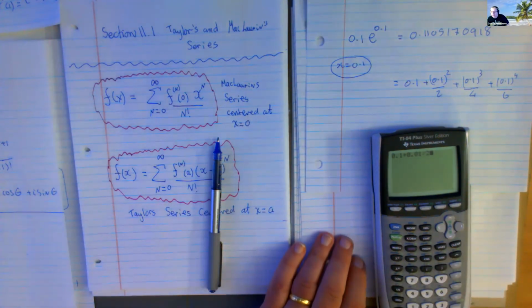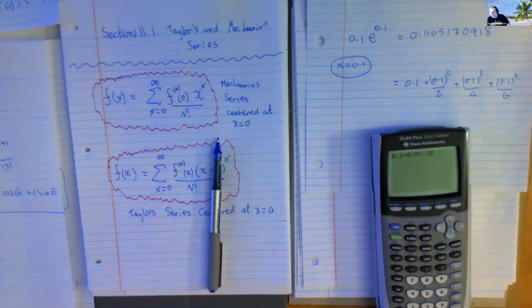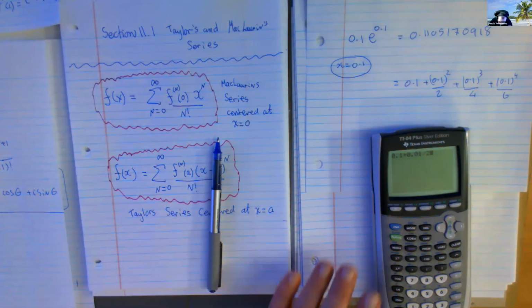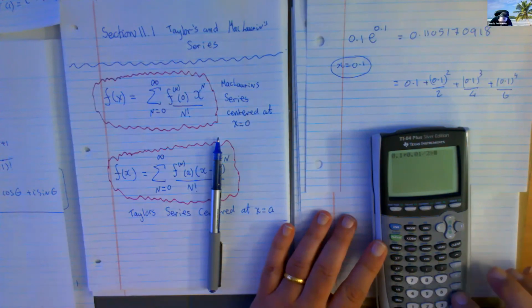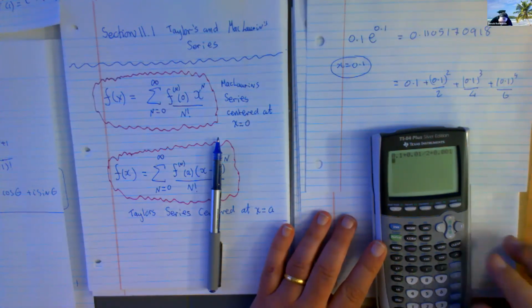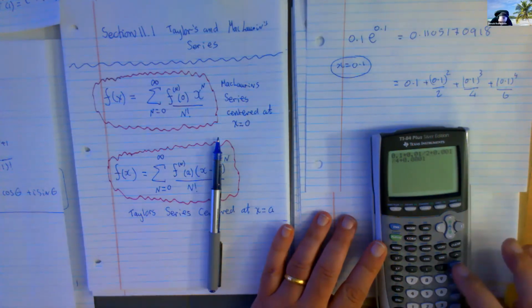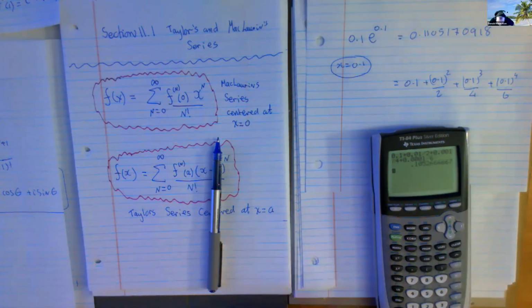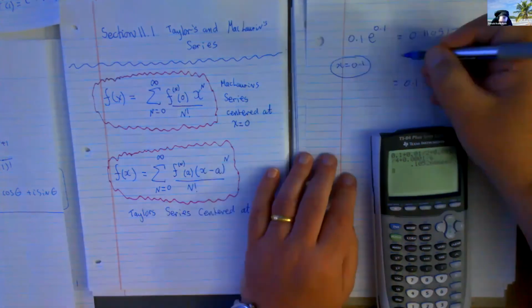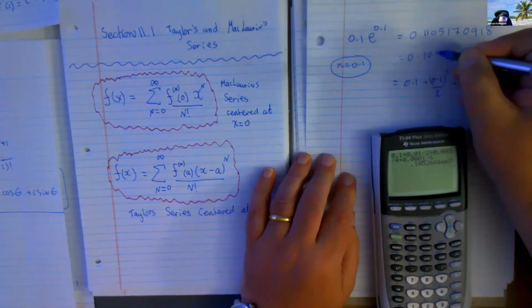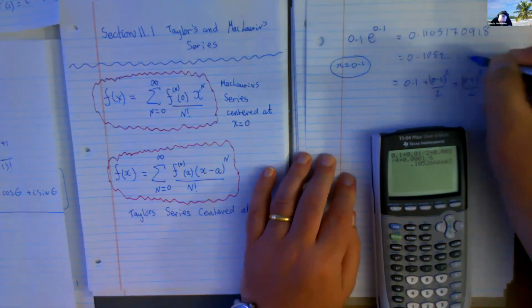Just in case it does the power and divides by 3, I'm making sure the order works. Plus 0.001, which is what that is, divided by 4, plus 0.1 to the 3, 1 divided by 6, and the answer is 0.105 and some stuff.